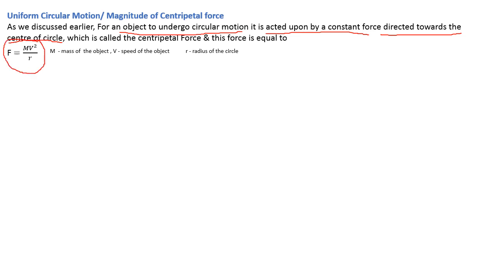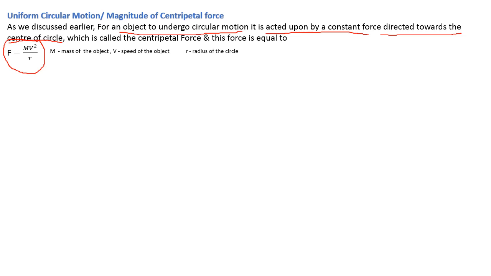Now, how is this centripetal force F equals mv square upon r derived? That derivation we don't have. We have to consider only that the centripetal force acting towards the center is equal to mv square upon r. How it is derived, you will study in the higher standard.